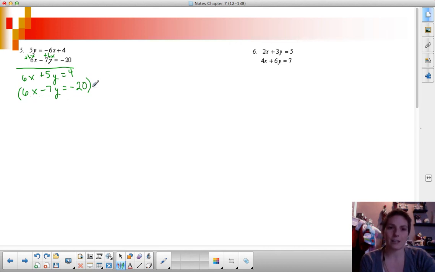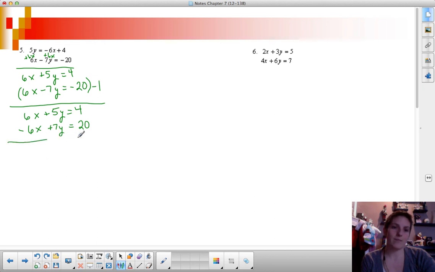We're going to take that second equation and multiply it by a negative 1. So that I now have, I didn't do anything to the first equation, 6x plus 5y is equal to 4, and negative 6x plus 7y is equal to positive 20. Once I have my additive inverses, then I can use my elimination and add my two equations together.